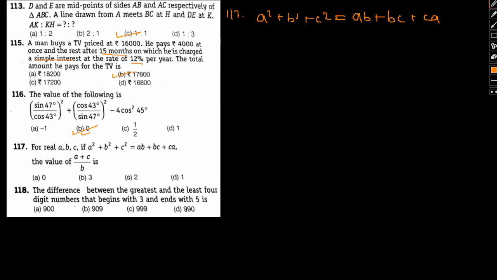Okay, so now further what we can actually do here is 2a square plus 2b square plus 2c square equals 2ab plus 2bc plus 2ca. Okay, this will be represented with this term.